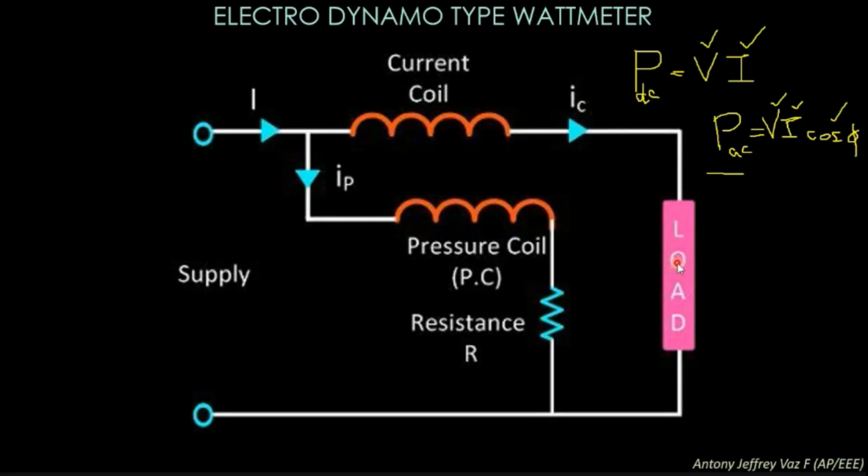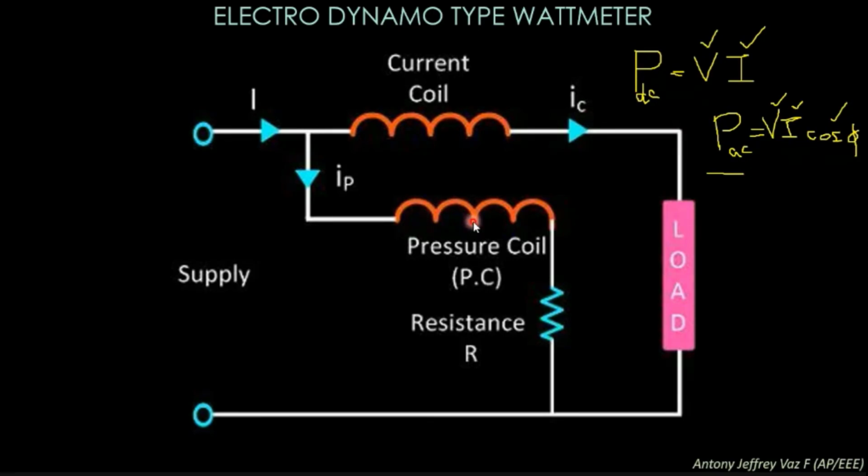The load is the fan whose power you are going to measure. The current is supplied through the current coil, enters the load, and goes back out.